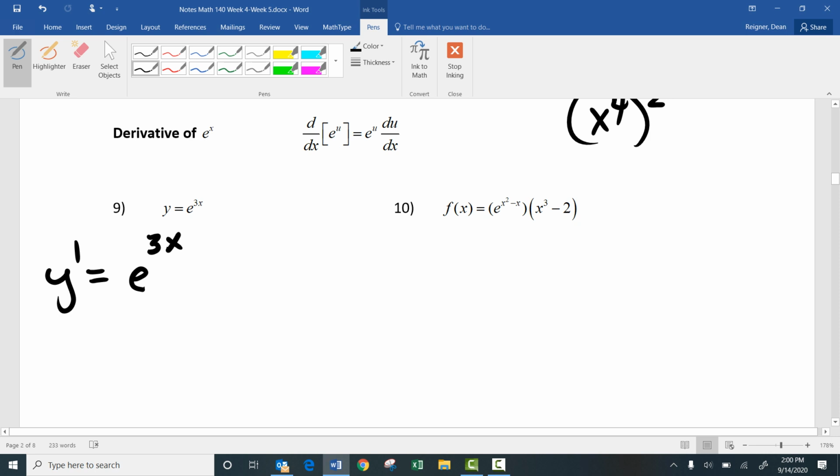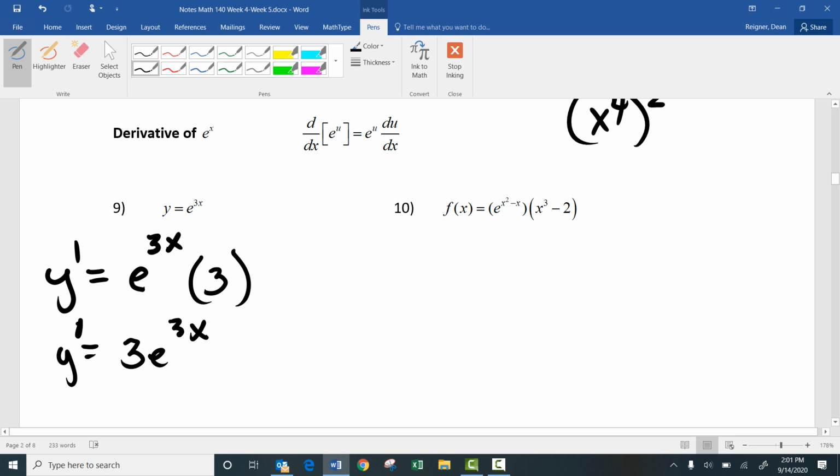Then what you do down below here is you take the derivative of the exponent. So the derivative of 3x is 3. So y prime, then usually what you do is you put this number out front, 3 e to the 3x. So the derivative of e to whatever power is e to whatever power, and then you take the derivative of the exponent.